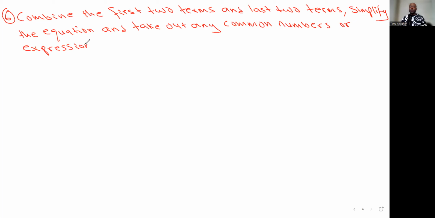One thing you need to note is that after you're done, both brackets must be the same. At the end of the day, after taking out the common factors, both brackets must be the same.